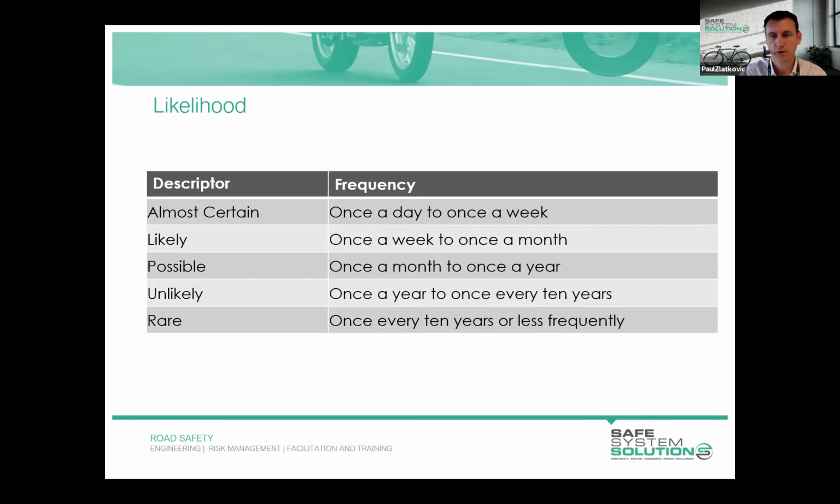You may have seen these sort of descriptors before to describe likelihood. They can range from almost certain to rare. Almost certain has a frequency of once a day to once a week, so it's very much assured of happening. Whereas rare has a frequency of once every 10 years or even less frequently than that.